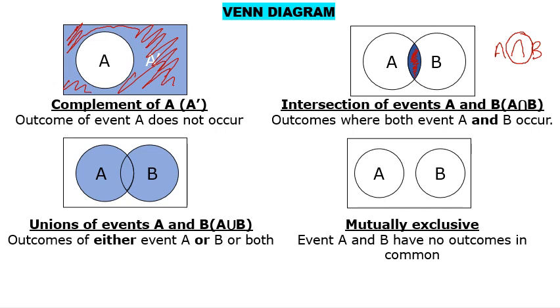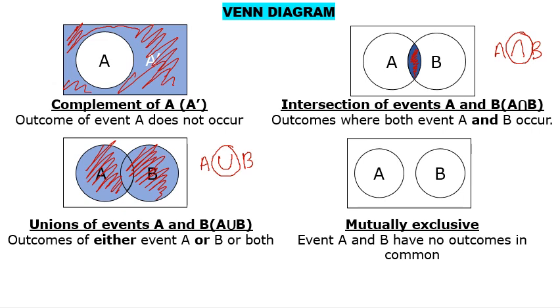Union of event A and B, denoted by A union B. We use this symbol. So A union B means all of A and B. Outcomes of either event A or B or both.